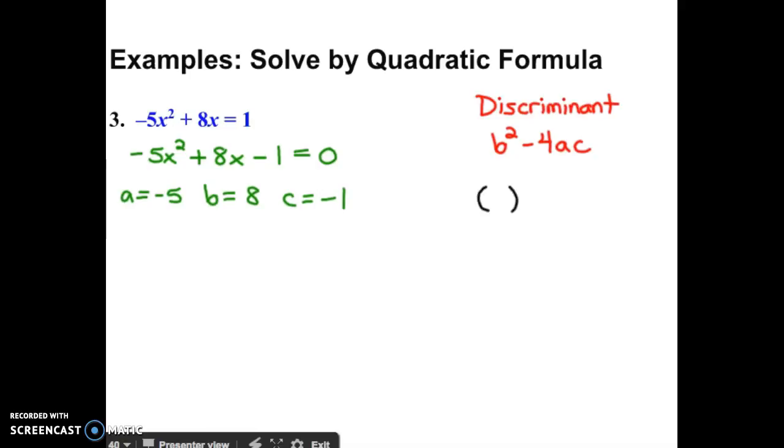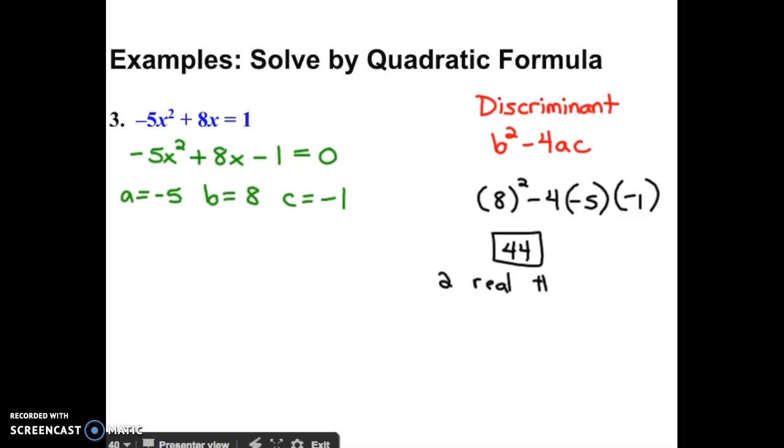If I type that in, I get 64 minus 20, so 44. So I would get positive 44 as my discriminant. And because it is a positive number and that number would be under the radical, that would create two real solutions. So I'd have two real numbers as solutions.